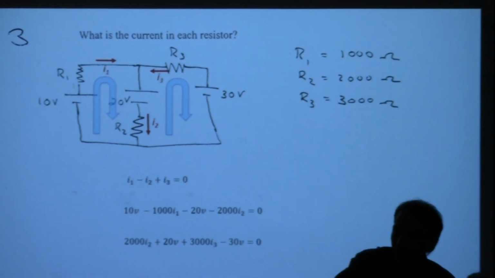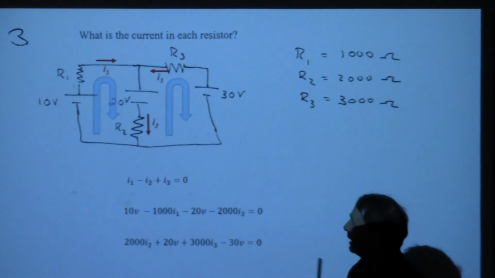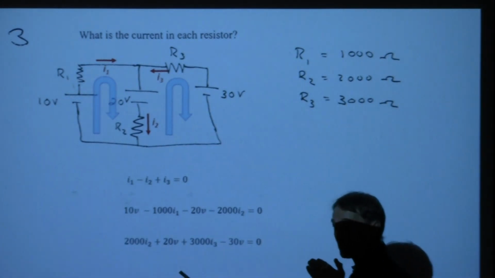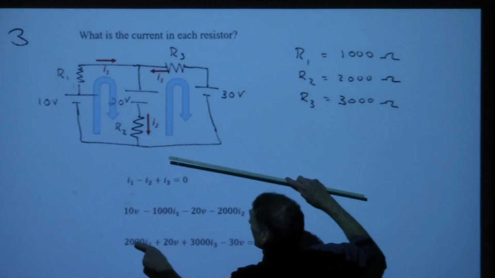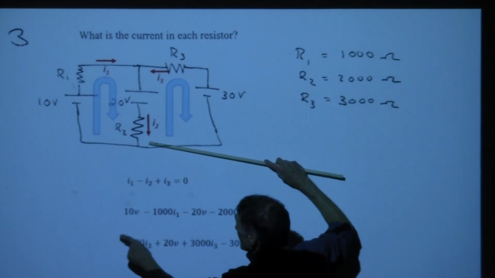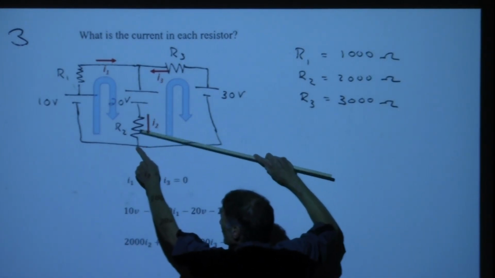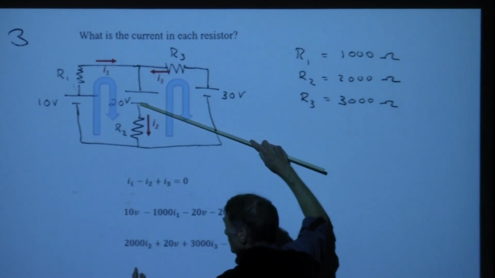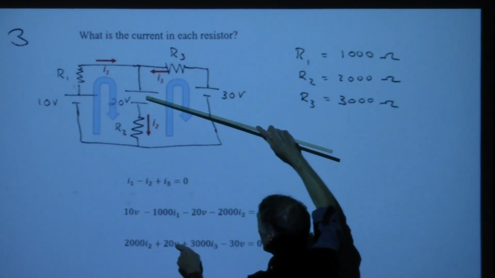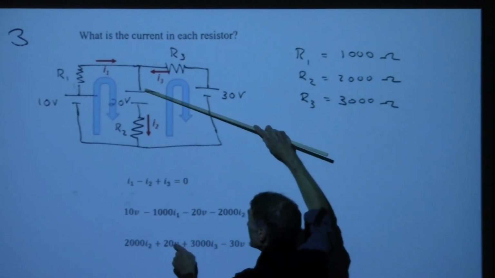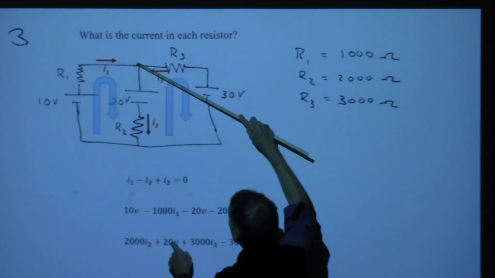You are going down in potential energy. If you try to go upstream, it requires a rise in potential energy. So this first one is actually not a minus, it's a rise. I'm swimming upstream to get to here, so that's a plus. Then I get to the battery. Here I am going from the negative to the positive, so this is a rise of 20 volts.